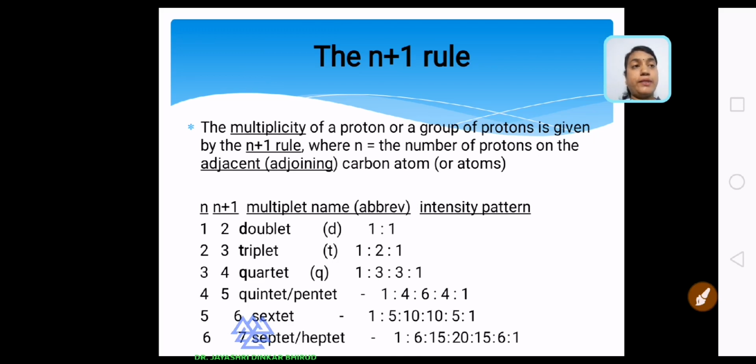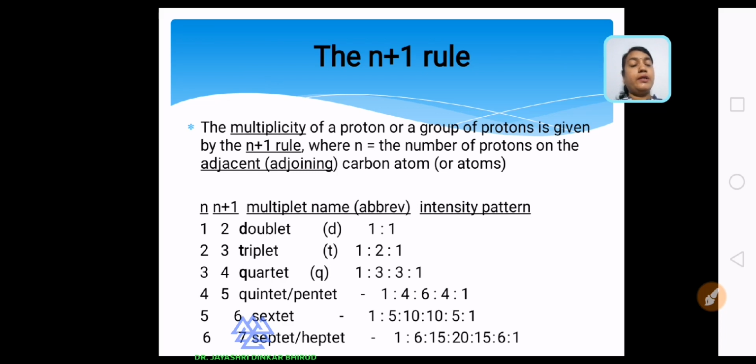The n plus 1 rule means the multiplicity rule. The multiplicity of a proton or a group of protons is given by the n plus 1 rule, where n is the number of protons on the adjacent carbon atom. Here we discuss the spin-spin splitting of protons in NMR spectroscopy.